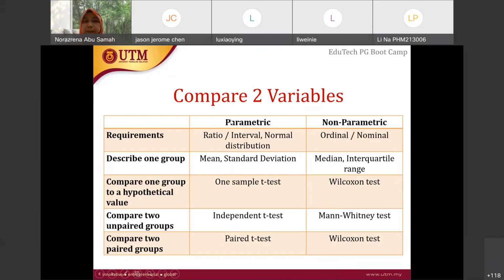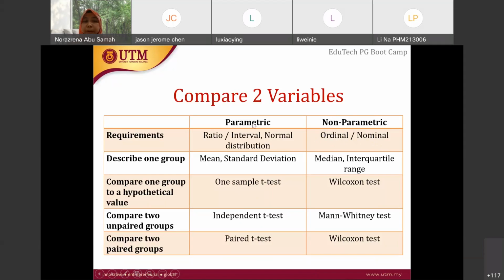However, if the data is ratio or interval but not normal, then you have to run a non-parametric test. It must be normal. Also, if the data is ordinal or nominal, you must run a non-parametric test. You cannot run the parametric test for ordinal and nominal.